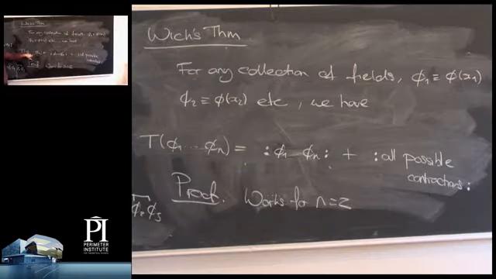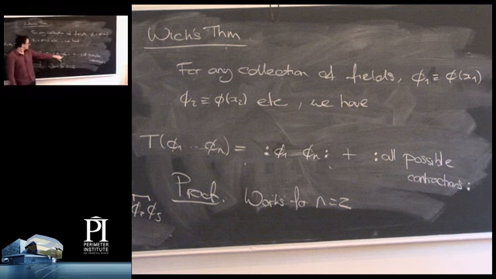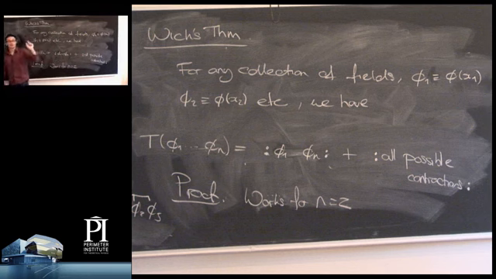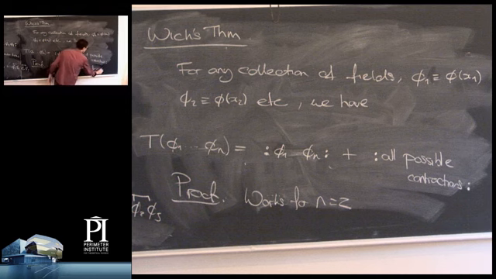The difference between the time-ordered product of two operators and the normal-ordered product of two operators is the contraction between those two operators, which is the Feynman propagator. So it works for n equals 2, and then the proof just follows by induction for n greater than 2. So assume it works for n, and prove it works for n plus 1.